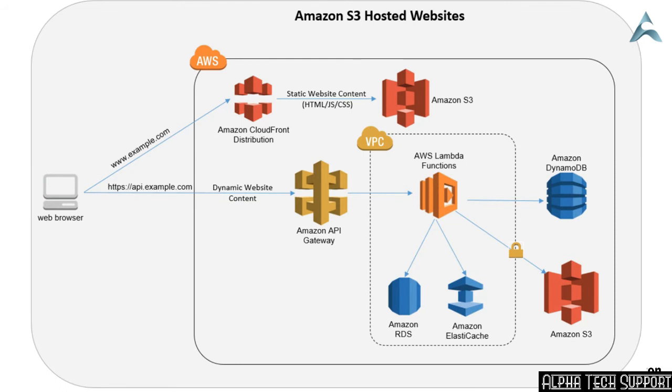We have hosted our website in S3 actually. So this is at the bottom right side, the red one, Amazon S3. This is dynamic content and the above one is static content. For example, if we want to open up our website, a browser makes a request from any remote location throughout the world to open this website.